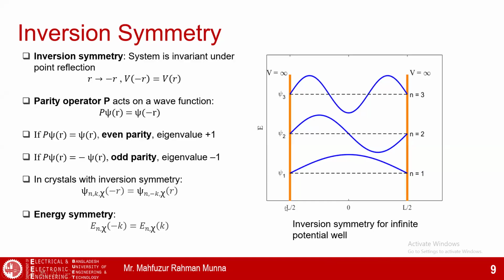As you can see, with respect to the center, this infinite potential well has inversion symmetry because the potential is infinity at L/2 and also infinity at -L/2. As a result, the wave function comes in even and odd order. So the first wave function is even, the second is odd, the third is even, etc.